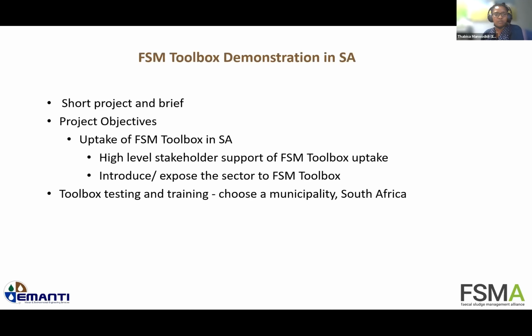So the project was to engage them, and then introduce the tool to the sector, and choose one municipality where we can do a case study and get a feel of how municipalities work, because those are the people on the ground providing the sanitation services.